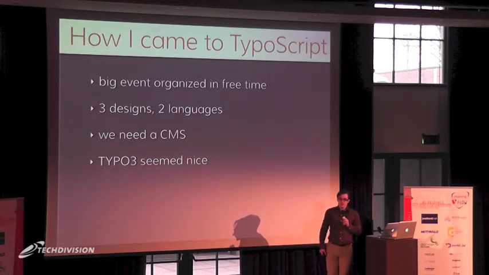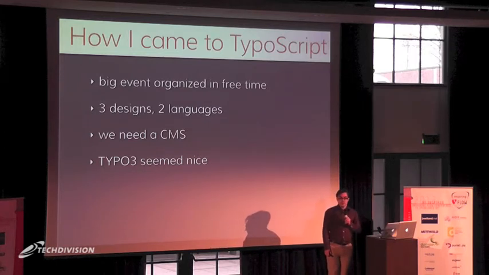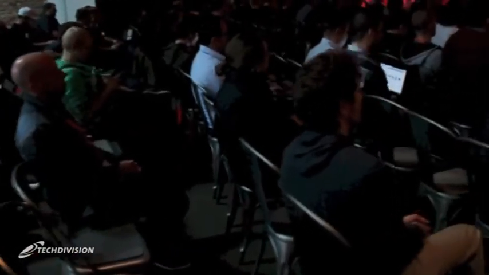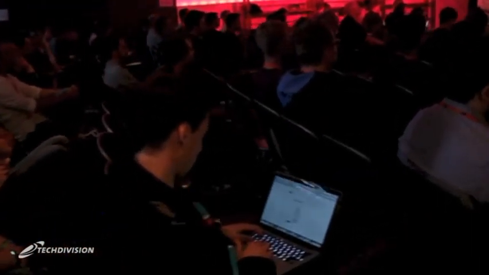It was a free time project, and this event needed a website, and it had 3 designs. We had a design student, he made 3 designs, and it had 2 languages, and each design could change day and night time. So it would be darker at night and more light at daytime, and it was like, wow, how would I realize such a website?